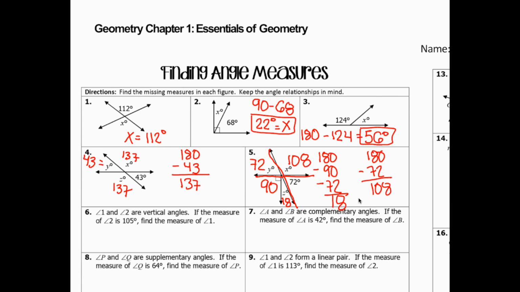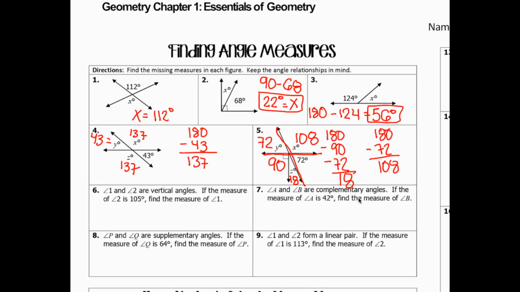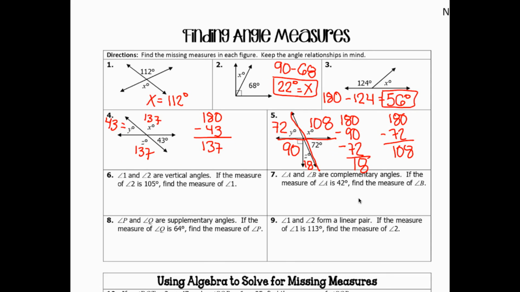Okay, this next part we will do numbers 6 and 8 together, and I'm going to let you try 7 and 9 on your own. So 6 is angle 1 and angle 2 are vertical. If the measure of angle 2 is 105, find the measure of angle 1. So we know vertical angles are equal, so angle 1 would also be 105.